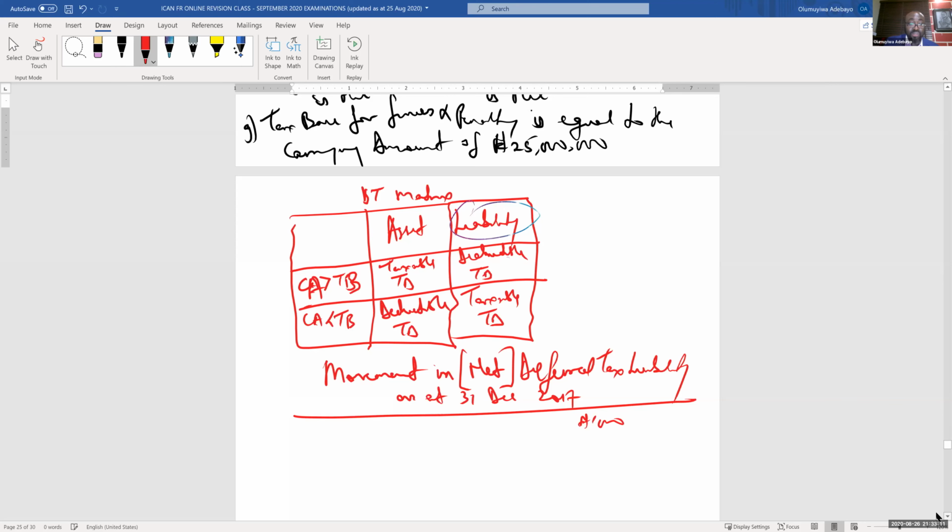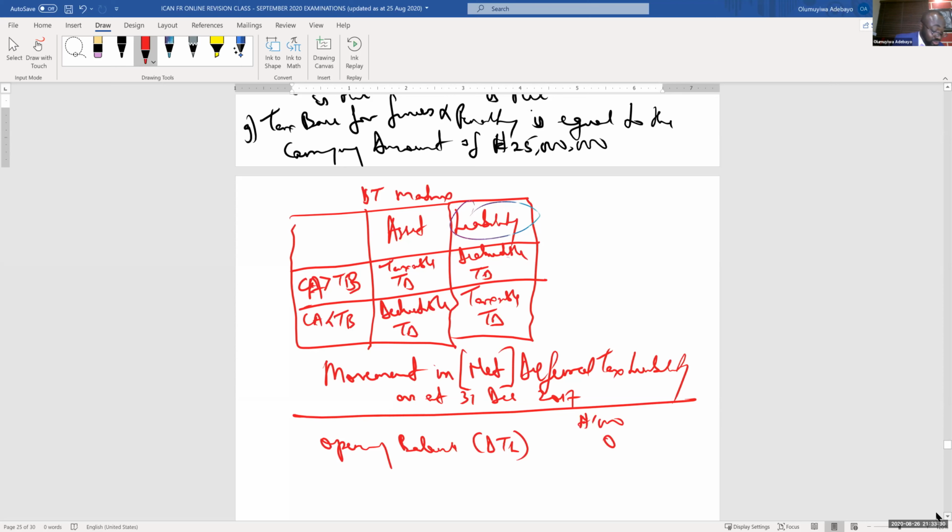What is our opening balance? Opening balance of deferred tax liability is 0. Why is it 0? Remember, this company just started business on January 1st, 2017.